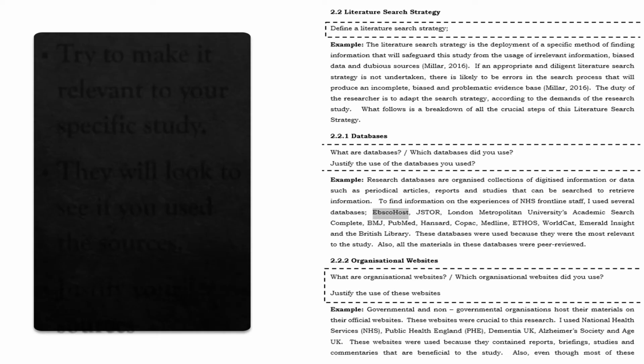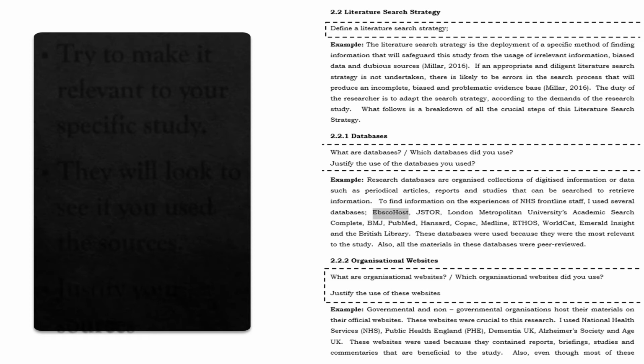The methodology essentially is about you discussing every single step you went through to get your information. So you will look at your literature search strategy, you will lay out the blueprint, you lay out your plan. So you describe what a literature search strategy is, and also what steps you took.